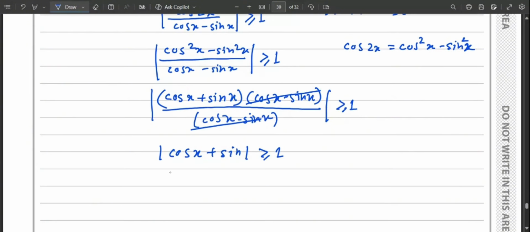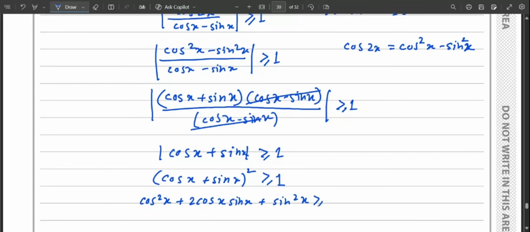Now we see that the modulus of cos x plus sin x is greater than or equal to 1. We can square both sides. This will give us cos x plus sin x whole square is greater than or equal to 1 square, which is 1. We can expand the brackets using the a plus b whole square formula. So this will give us cos square x plus 2 cos x sin x plus sin square x is greater than or equal to 1.